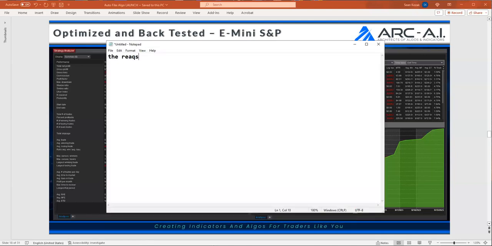The truth is, and I'll just come out and say it, the reason it took so long to release support, resistance, and supply demand algos is they are 10 times harder to perfect.